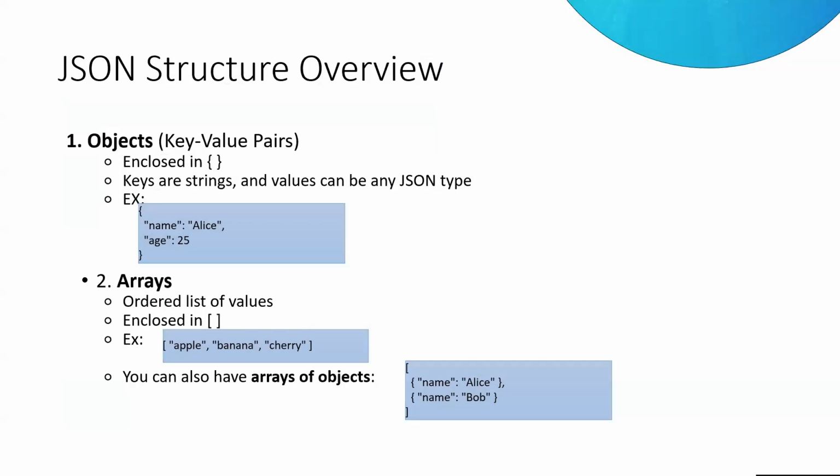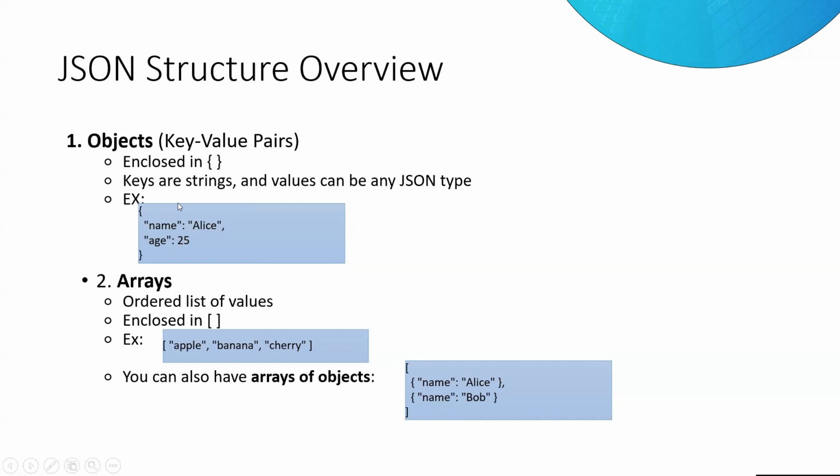Now, the structures of JSON: you have two things, either an object or an array. An object is enclosed between curly brackets. If you see here, this is an example: name is my key, and this is the value.